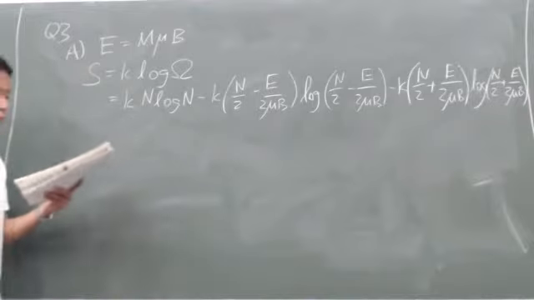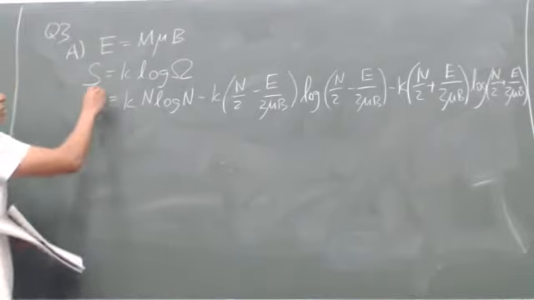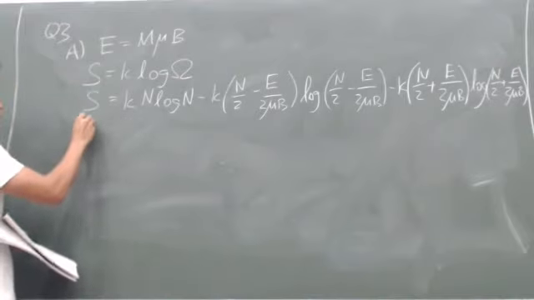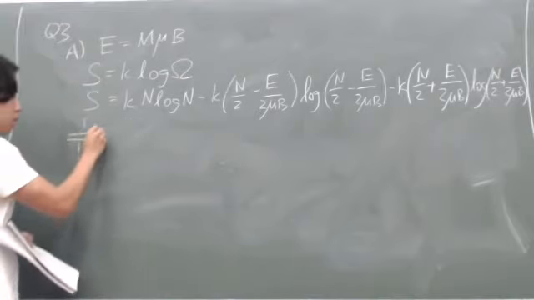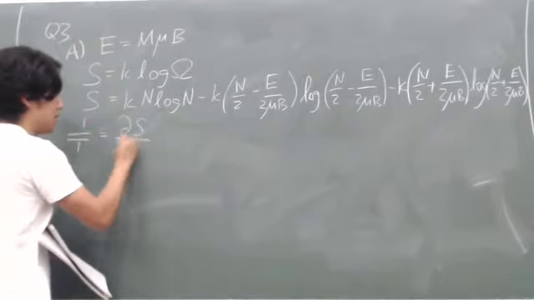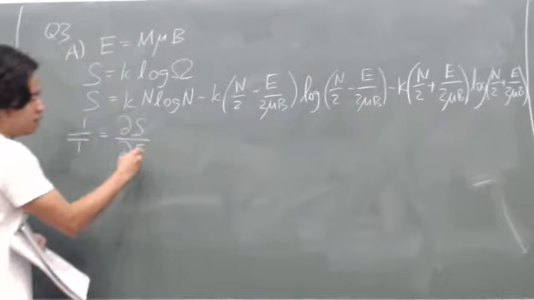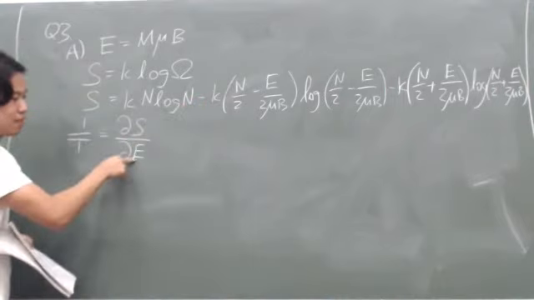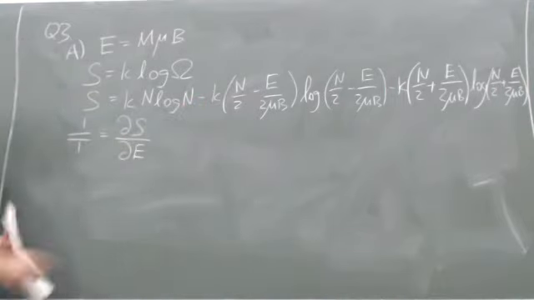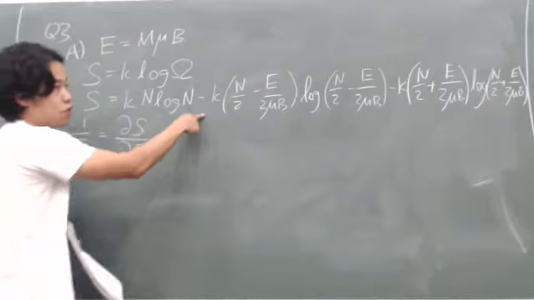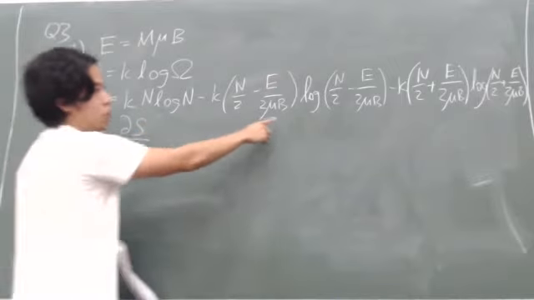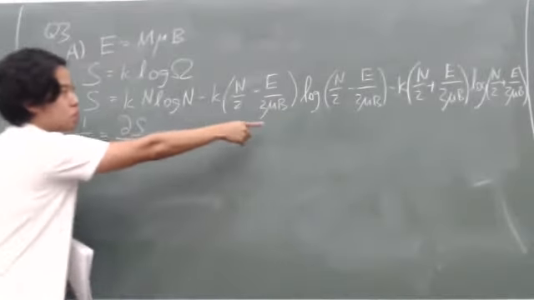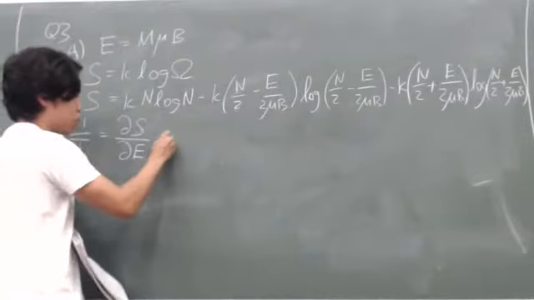So from the Stirling approximation this is your entropy S, and we define temperature, 1 on temperature, as dS/dU, or in this case, internal energy is just energy, so we call it dS/dE instead. We just have to differentiate this expression with respect to energy. Only these terms will contribute, and because they're log terms, you get some pretty simple expressions.